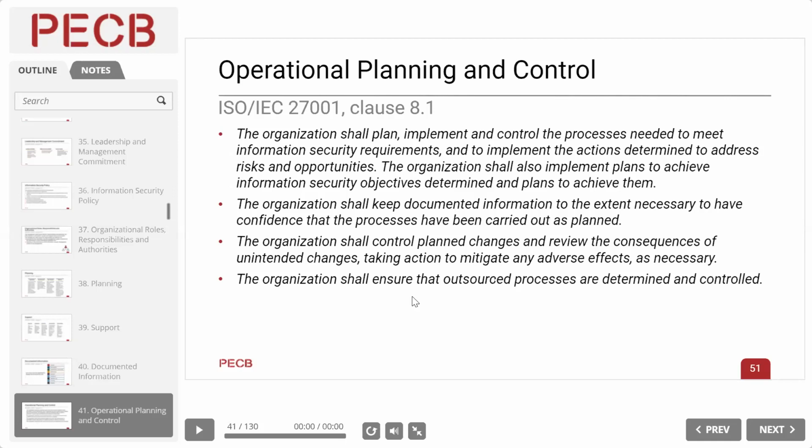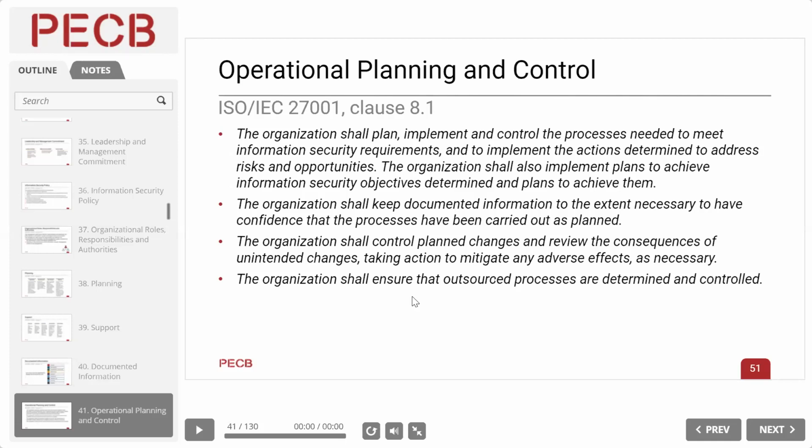The organization shall also implement plans to achieve information security objectives. The organization shall keep documented information to the extent necessary to have confidence that the processes have been carried out as planned. That is the key statement about the documented information.